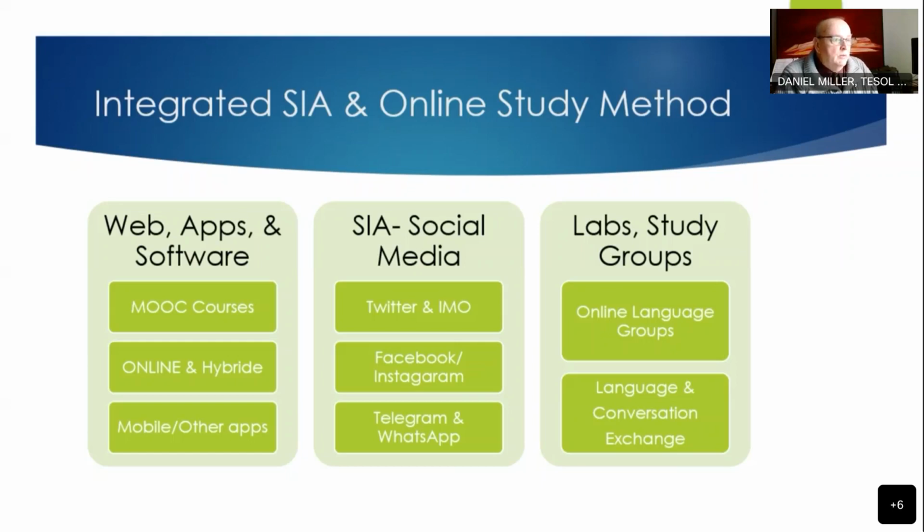And then there are mobile applications. There's Twitter, IMO, Facebook, Instagram, Telegram, and WhatsApp, online language groups and language and conversation exchange. All these different applications of education, many of which have developed tremendously in the last couple of years.